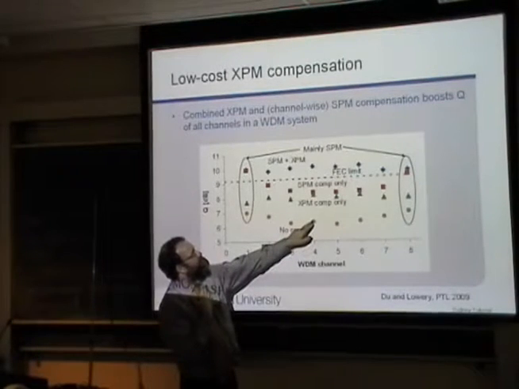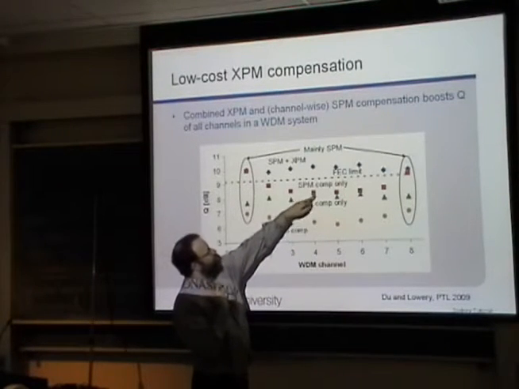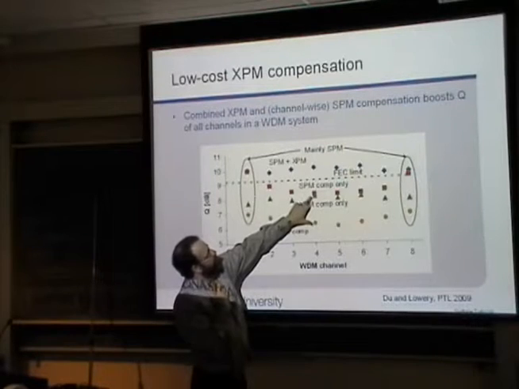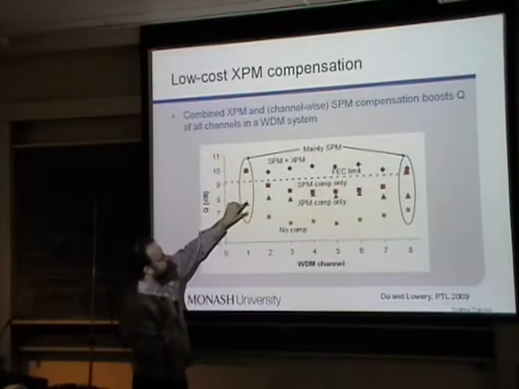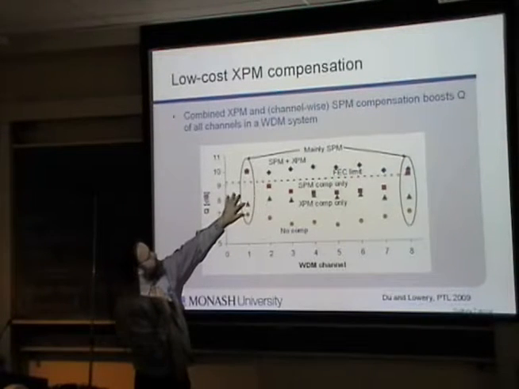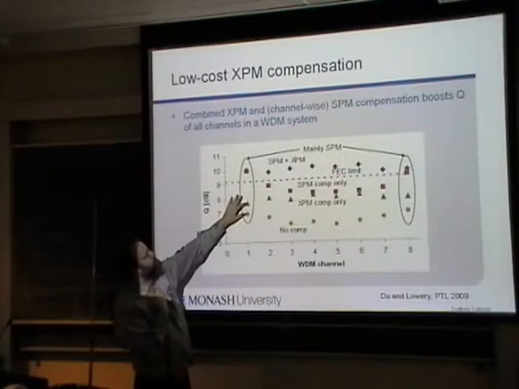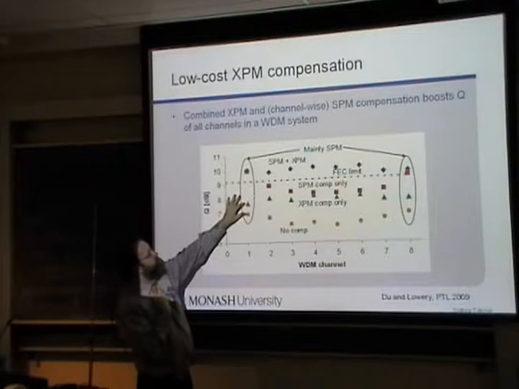Because these are affected by XPM, we can get quite a good increase of about 1.5 dB using the technique. For the middle channels, the edge channels are not improved that much because they're mainly affected by self-phase modulation by themselves.